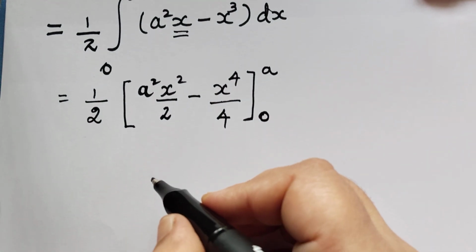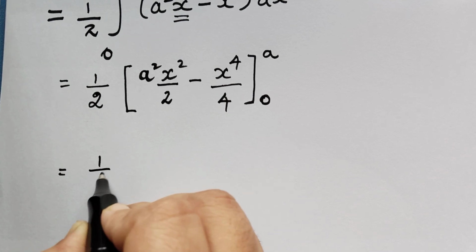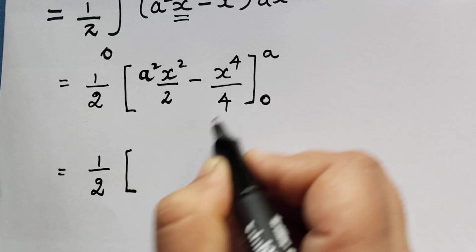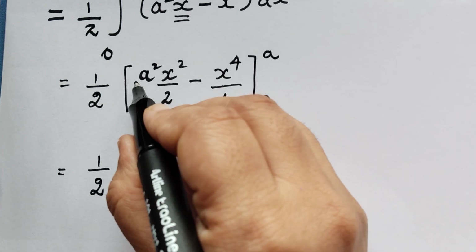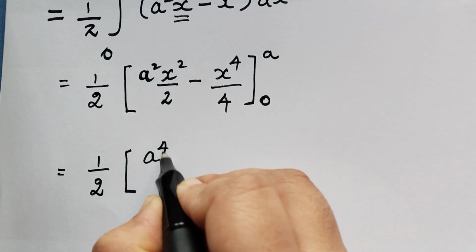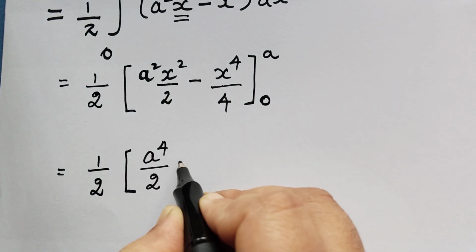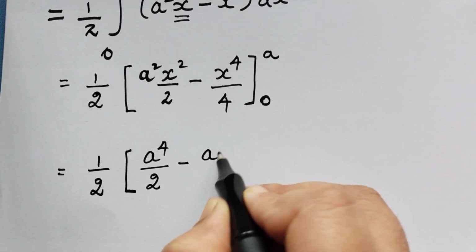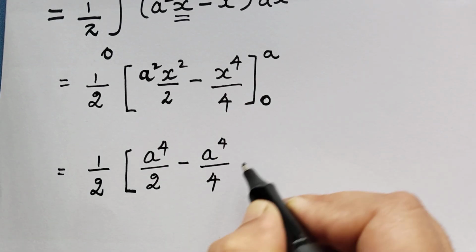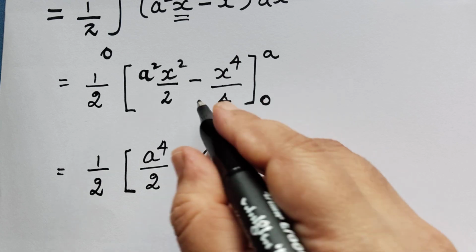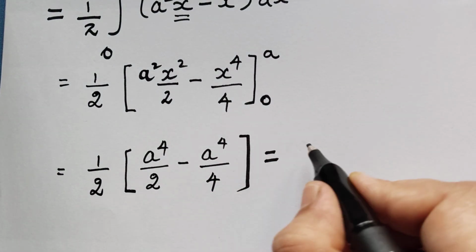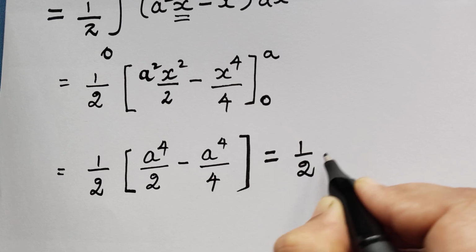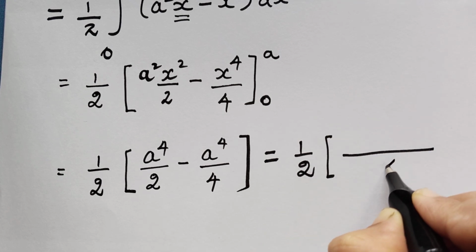Further applying the upper limit and the lower limit, it becomes 1 by 2. When I apply the upper limit, we have a squared multiplied with a square, which is a power 4 divided by 2, minus a to the power 4 divided by 4, and the lower limit becomes 0. So the 1 by 2 stays as it is. We can take the LCM here, which is 4.